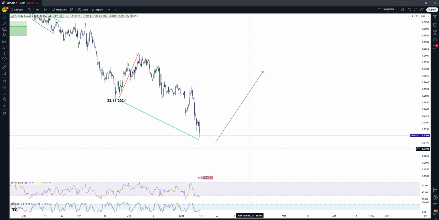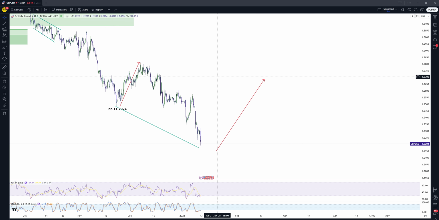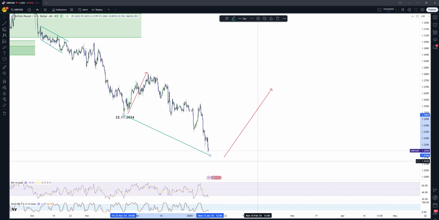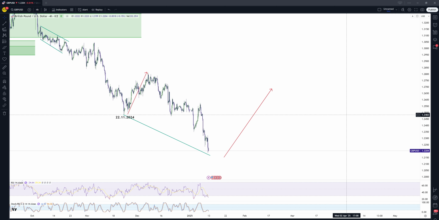We don't really like to follow small moves of the market. We like to follow the bigger moves, and this is how you increase your profitability as a trader. So as you know, the pound, like the euro, is getting ready soon for a reaction, and this is the main bias of the market.